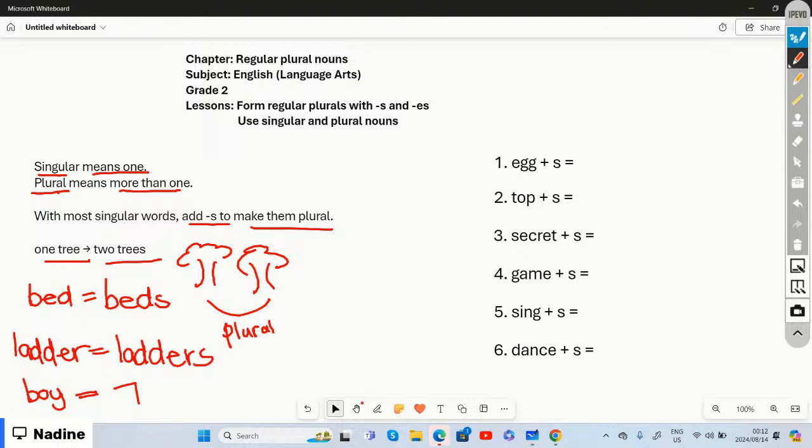All right, so one boy, but seven boys are lined up outside. Well done. Boys is correct.